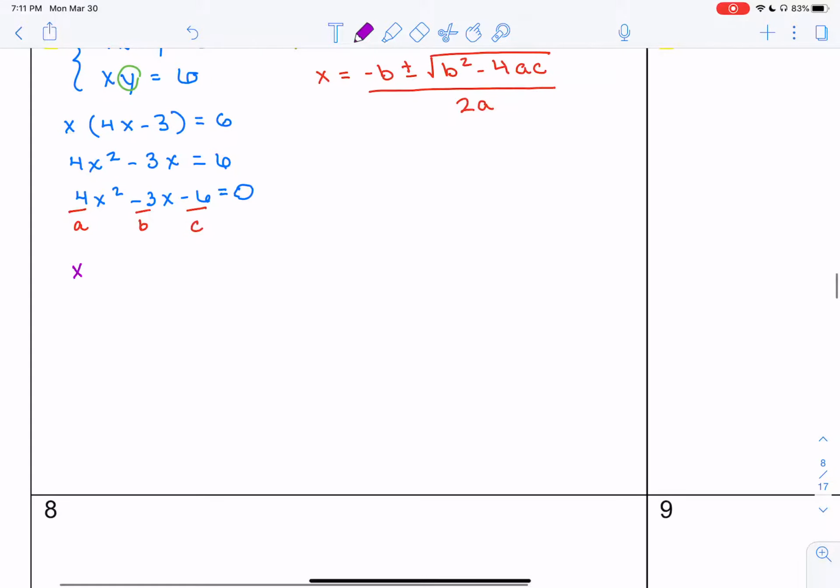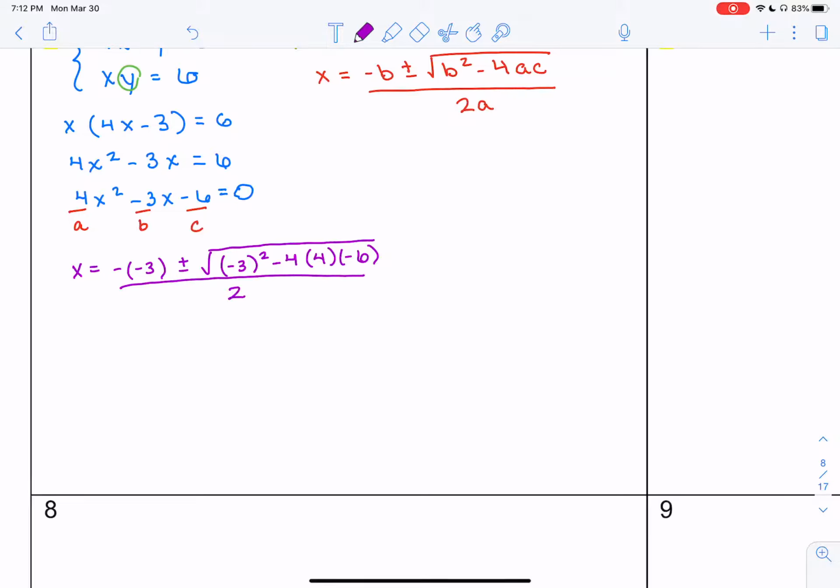So I have x equals negative b value plus or minus the square root of b squared minus 4ac, all over 2a. Okay, so take a moment to get caught up there.